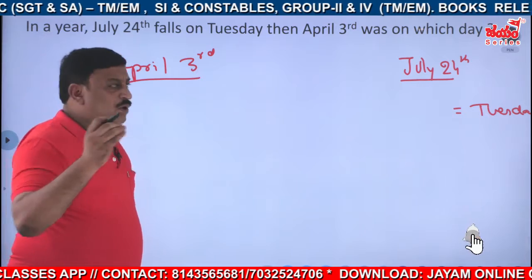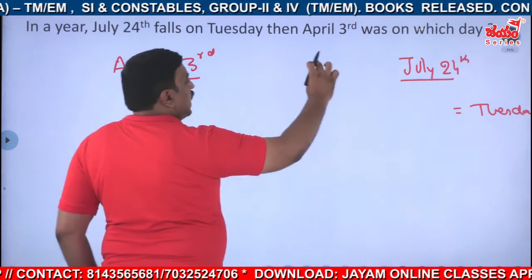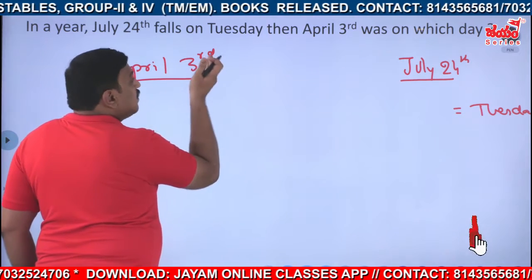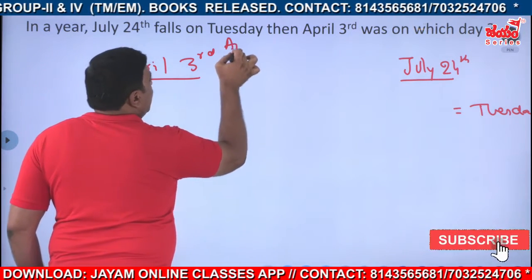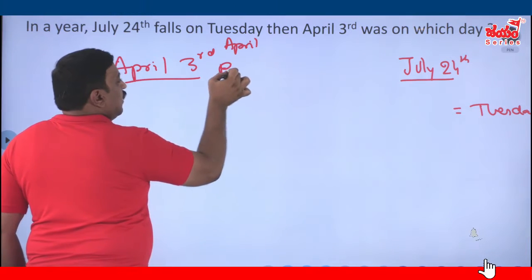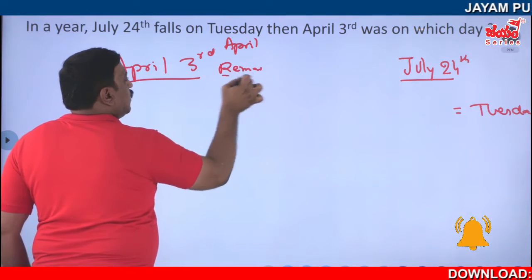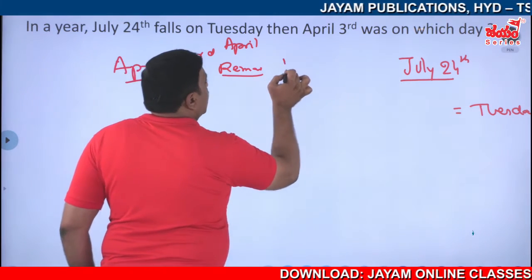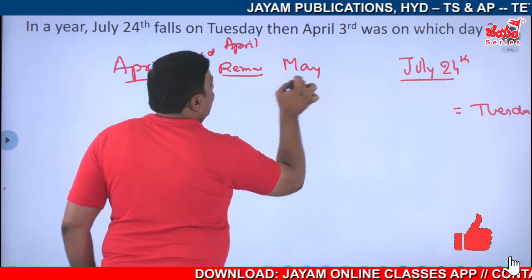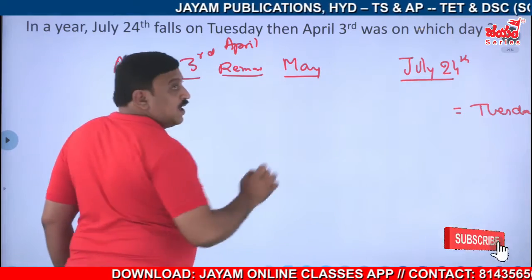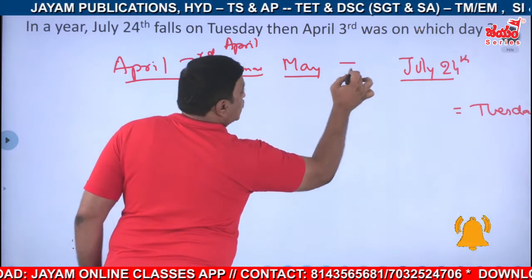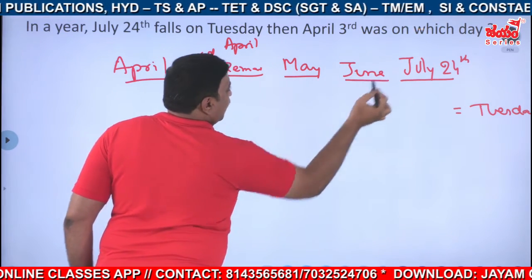Be cautious about these months. I said, once you take the starting, the remaining days of April must be there. That is April remaining. Then after April, May will be there. After May, it is June also there. Okay.